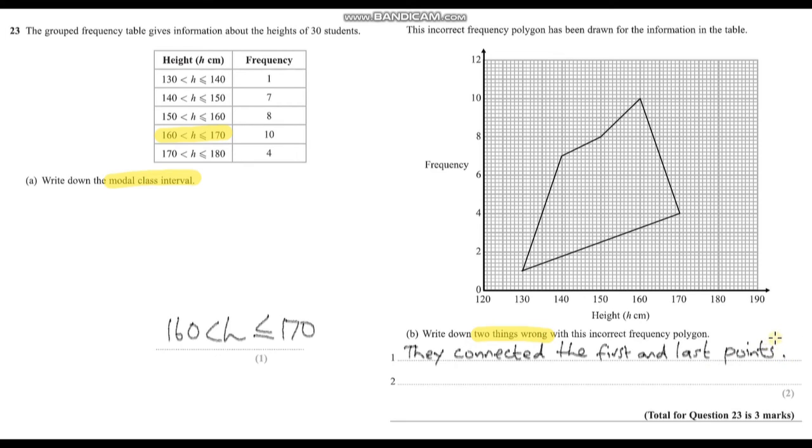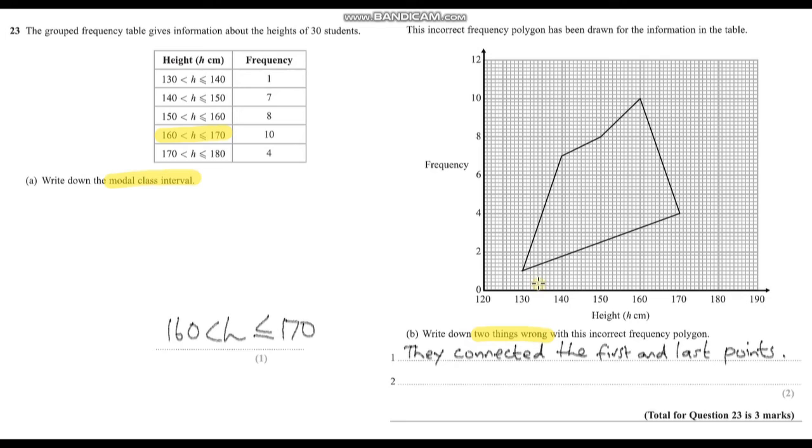Now, the second thing that's wrong with it, let's have a look at the axes. So we've got 0, 2, 4, 6, 8, 10, 12. That seems to be fine. We've got 120, 130, 140, 150, 160, 170, 180, 190. That seems fine. It's all going up in even intervals. Now, I'm just taking a look at the intervals here. So from 130 to 140, we've got a frequency of 1.